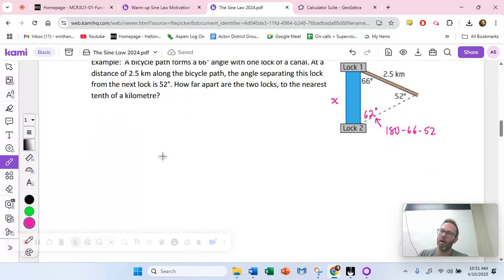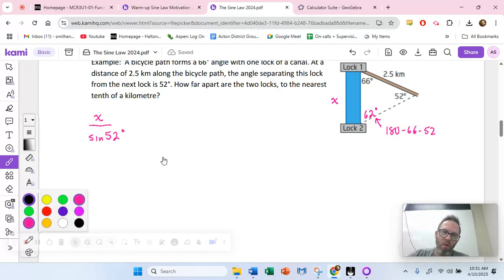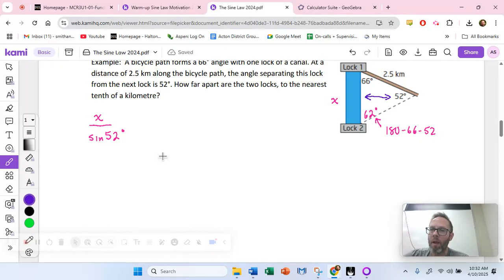How do we use the sine law? The sine law says, and here note, I'm using the version where my side is on top. If I take that side and divide by the sine of its corresponding opposite angle, which is 52, if I do that, and maybe you want to have arrows indicating those are paired up, if that makes your diagram too clunky for your taste, then don't do it.